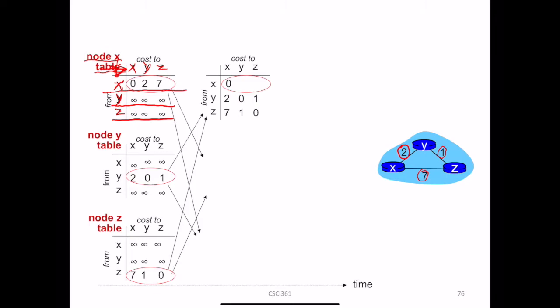The same action is done by node Y and node Z. After they initialize their own distance vector, they will send their distance vector to their direct neighbors.